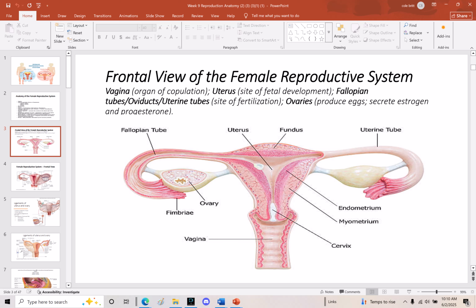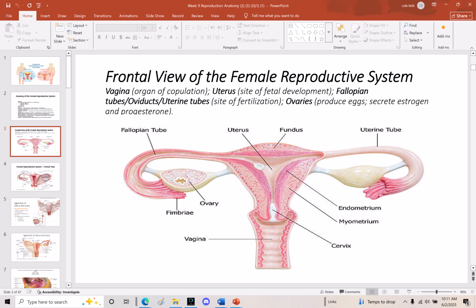Now, here's a little close-up picture, a little bit more involved. The peritoneum from the abdominal cavity makes its way down into the pelvis and drapes over the top of all of these structures. You can see that right over here. It makes up what's called the broad ligament.